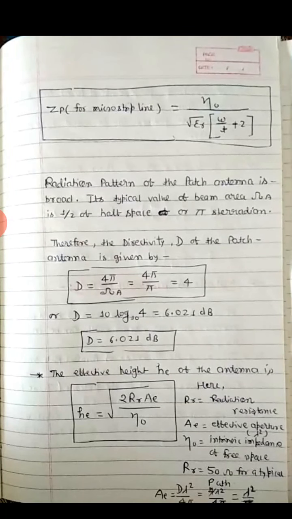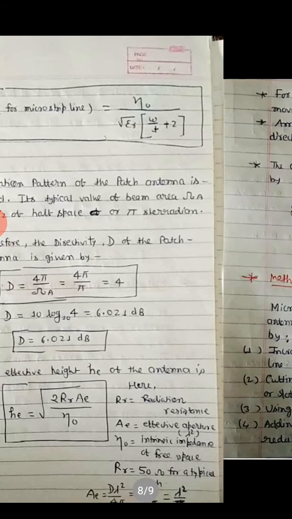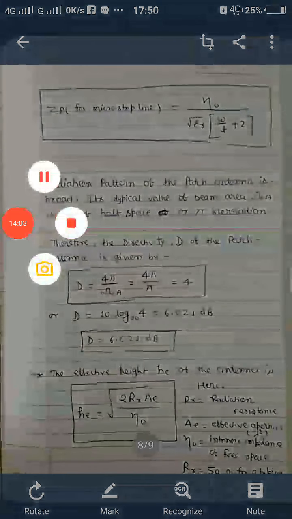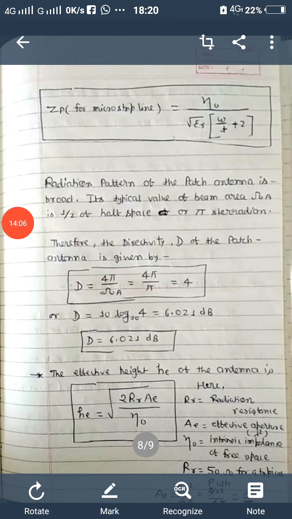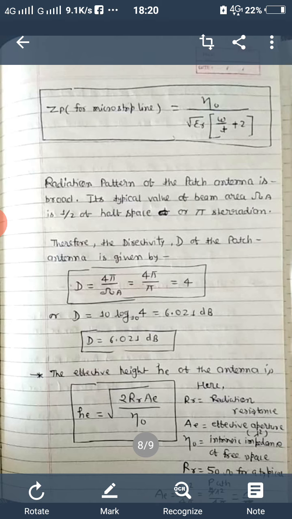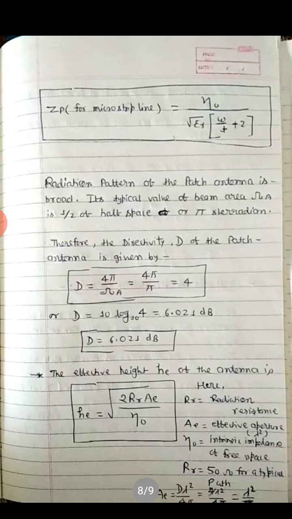The effective height HE of the antenna is given by H equal to under root of 2 RR AE by eta naught. Here RR is the radiation resistance, AE is the effective aperture, and eta naught is the intrinsic impedance of free space.